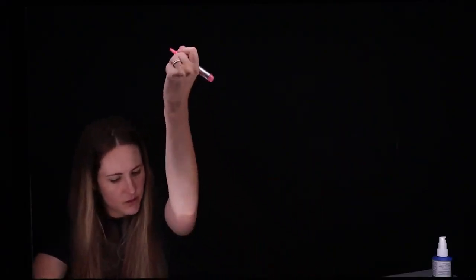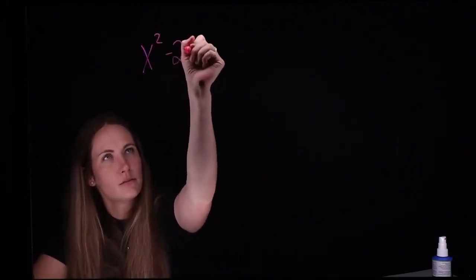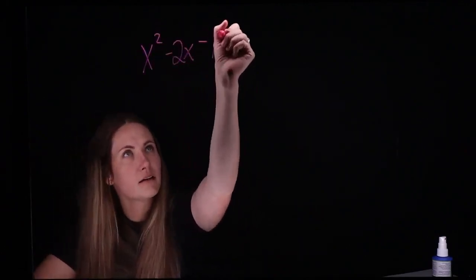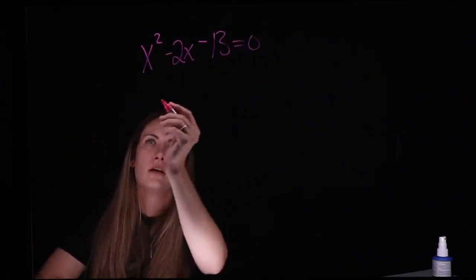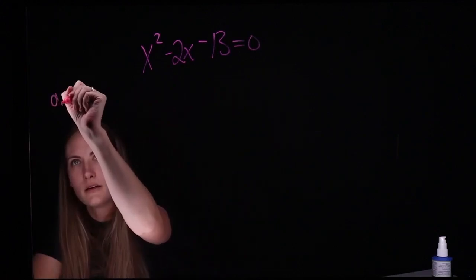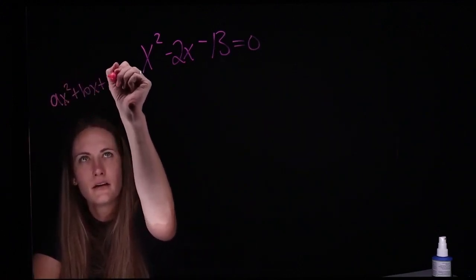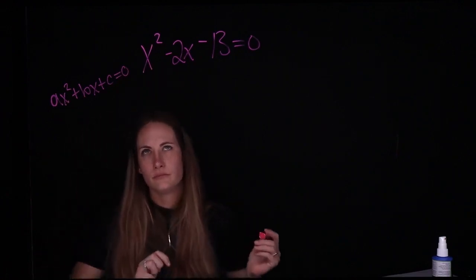Next problem. Use the quadratic formula. So first we have to write our equation. x squared subtract 2x subtract 13 equals 0. So real quick, our quadratic equation is ax squared plus bx plus c equals 0.